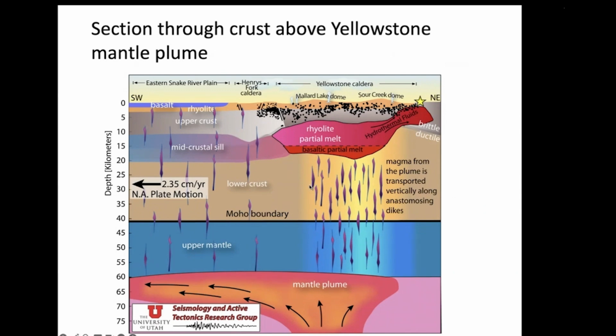So this is all very hot. This is where you can have brittle deformation. So that's where the earthquakes are. It's only shallow earthquakes, and then down here, the deformation is all going to be ductile. So the idea is the mantle plume is pumping out basaltic magma that rises, interacts with the crust, which is continental crust, and partially melts it, so that you get a lot of rhyolite magma.